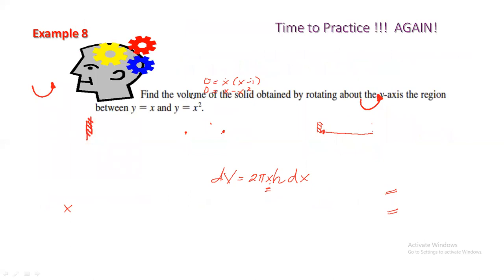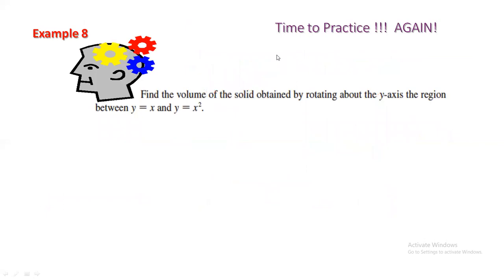Okay, time to practice again. Let me just clear the markings. Find the volume of the solid obtained by rotating about the y-axis the region between y equal to x and y equal to x squared. What are these regions? Okay, let me push this first.